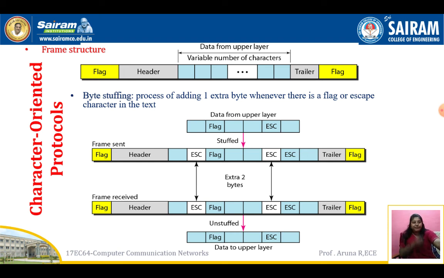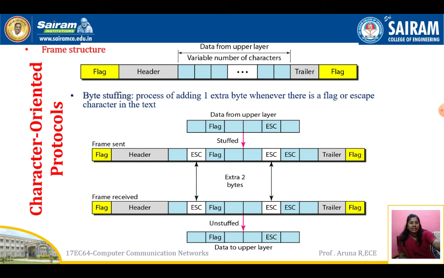If any character that is similar to the flag is present in the data, then unknowingly it might be assumed to be the end of the frame. So in order to avoid this, whenever a character similar to the flag is repeating in the data section, then you have to add an extra dummy character, that is known as ESC.